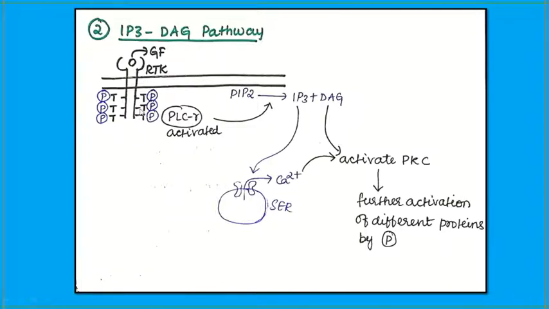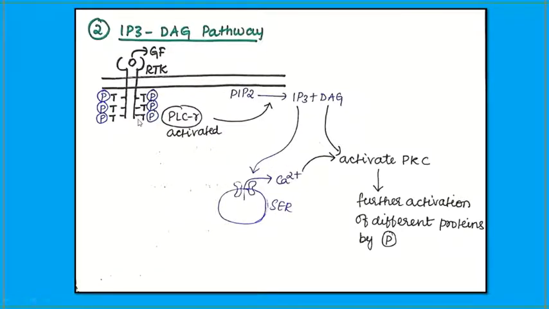This catalytic domain will cross-phosphorylate. Each receptor will have 3 tyrosine residues, so there are 6 tyrosine residues in the dimer, and all of these will be cross-phosphorylated. By this, our receptor will be activated.